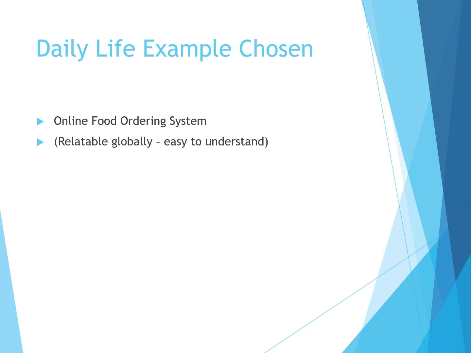Let us understand these two things. The main thing we want to do is not only understand the concept but also draw the diagrams, which will be helpful in exams, right? So let us take a daily example, an online food ordering system. Why am I taking that example? It is relatable globally, because many students know how to use Zomato and Swiggy, which are online food ordering systems, so everyone can relate to this.